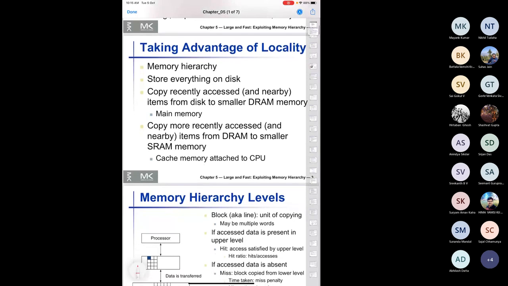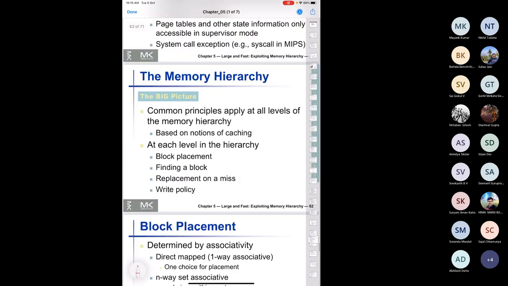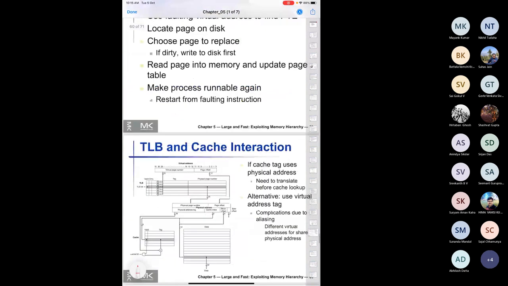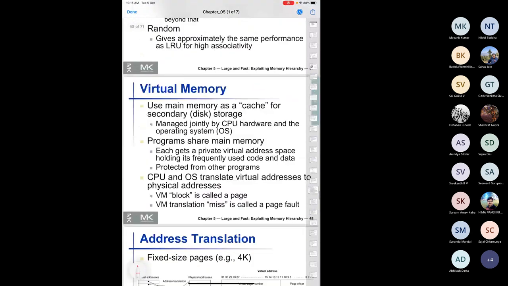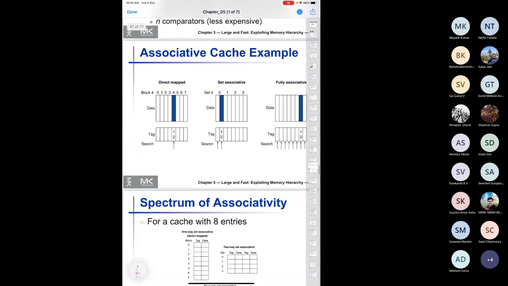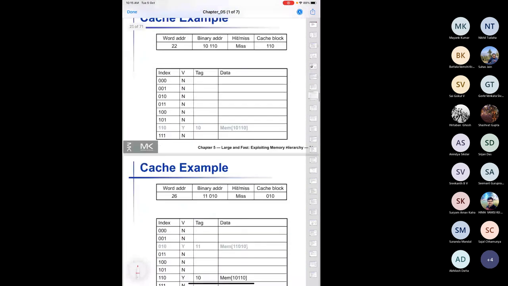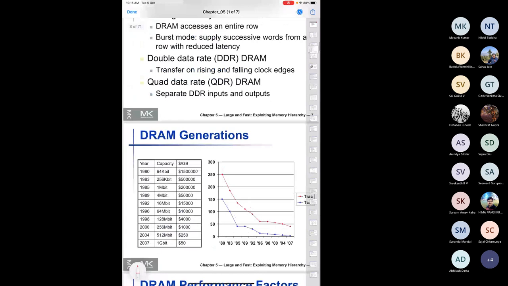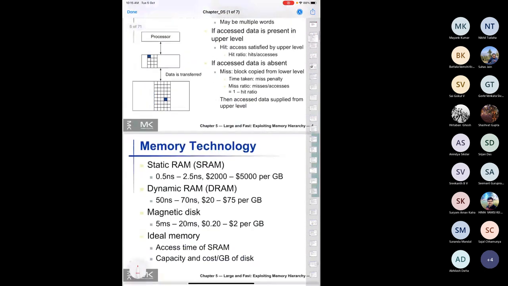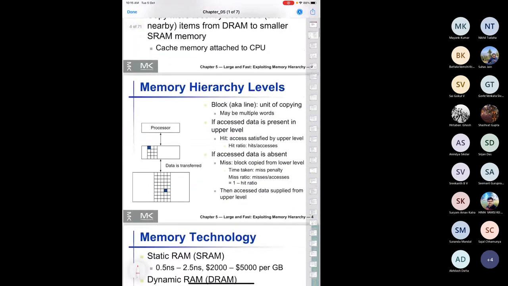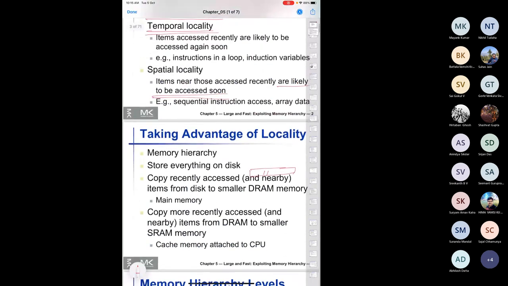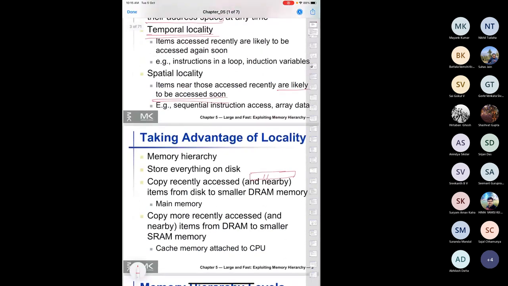At the bottom of the hierarchy is your hard disk, your hard disk drive or HDD.